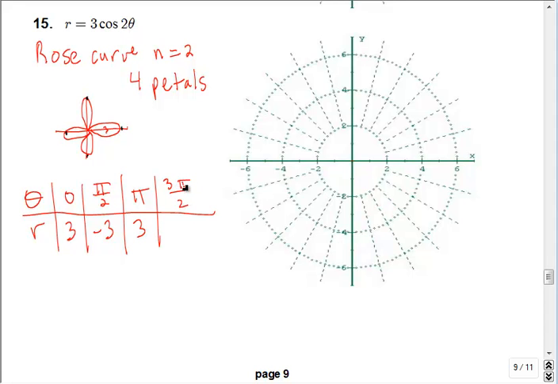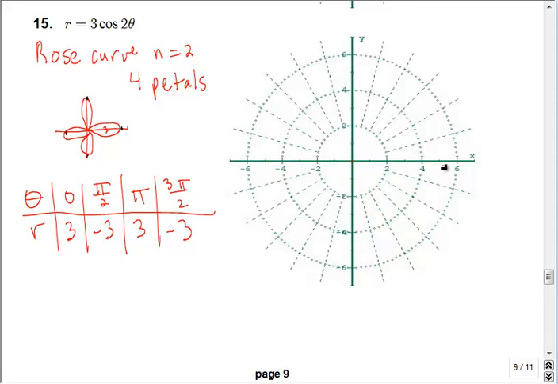And then if I plug in 3 pi over 2 and multiply that by this 2, the 2's cancel, giving me 3 pi. Cosine of 3 pi is the same as cosine of pi, or -1, and so this goes back to -3.